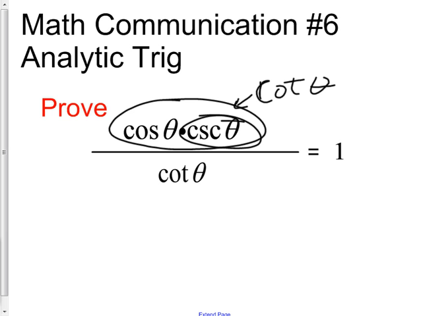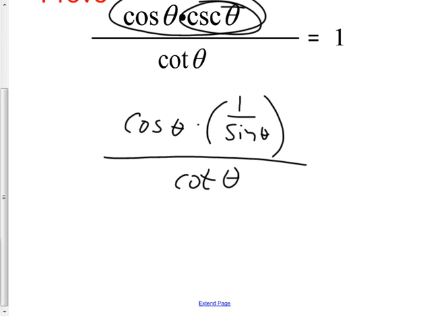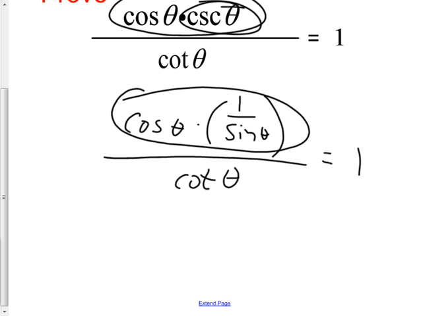And now I'm going to rewrite it. Cosine of theta times 1 over sine theta, over cotangent. Notice I don't have to do anything to the right side. I just leave it alone. I could say equals 1. I don't have to. Do you get that the cosine times the sine will mean it's cosine over sine?